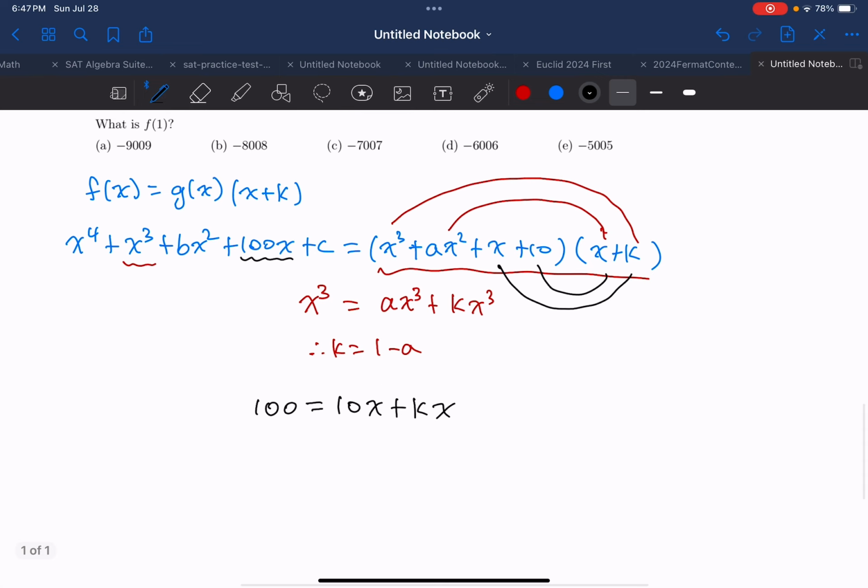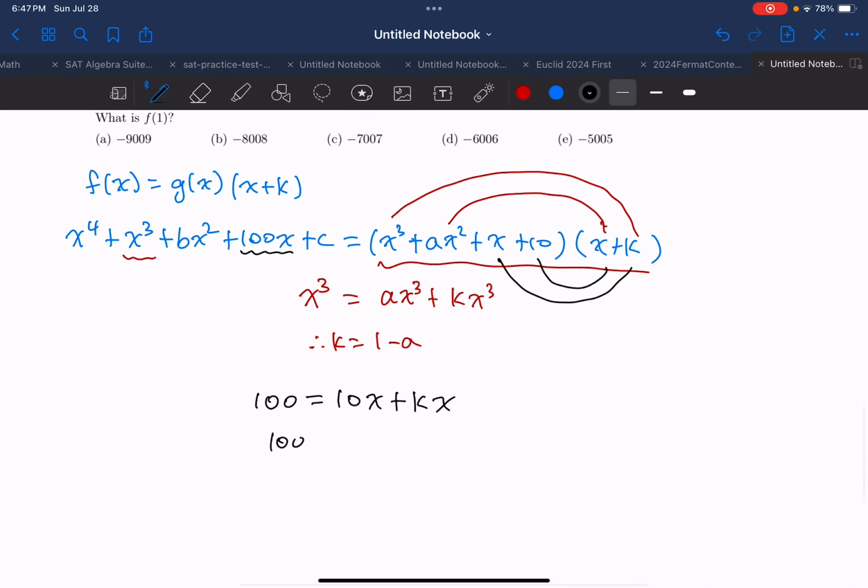And since we know that k is equal to 1 minus a, we now know that 100 is equal to 11 minus a. Therefore, a is equal to minus 89.